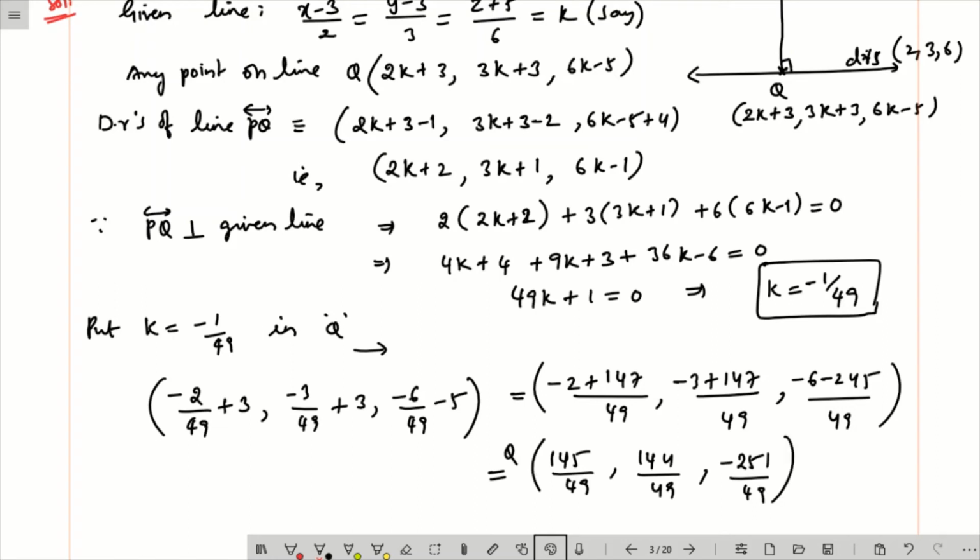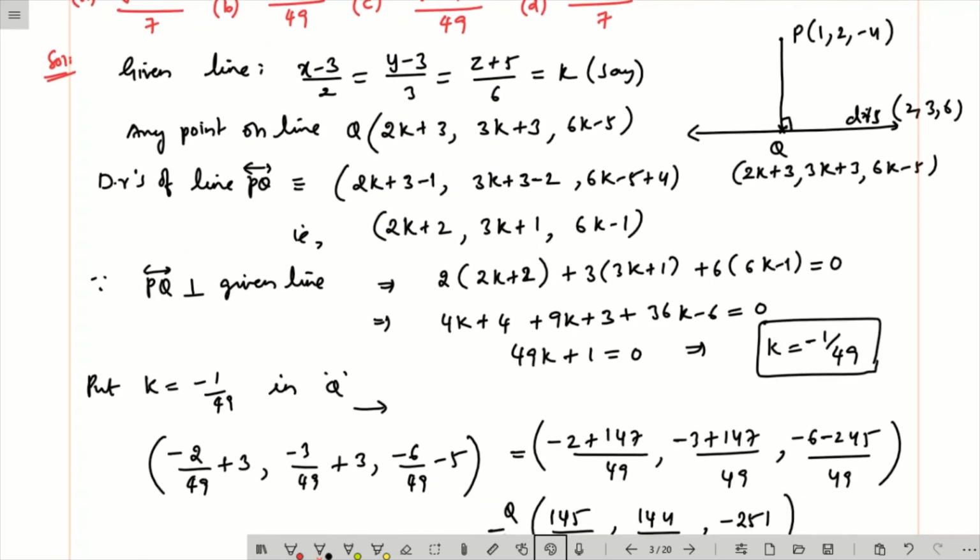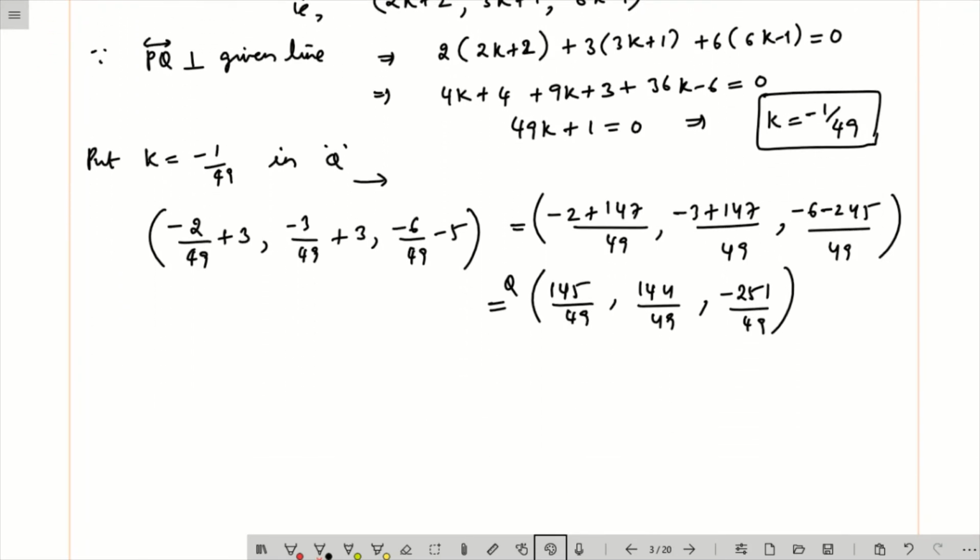So we got the coordinates of point Q, and since the point P is known to you and Q is known to you, we can find the distance between the two points. The distance between P (1, 2, -4) and Q. So the distance PQ is equal to the square root of (x2-x1)² + (y2-y1)² + (z2-z1)².